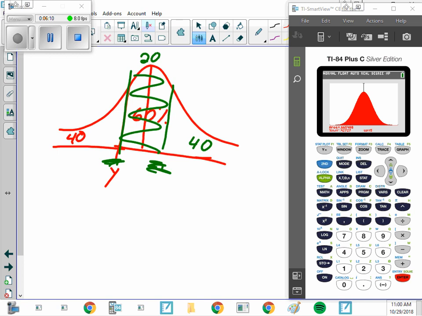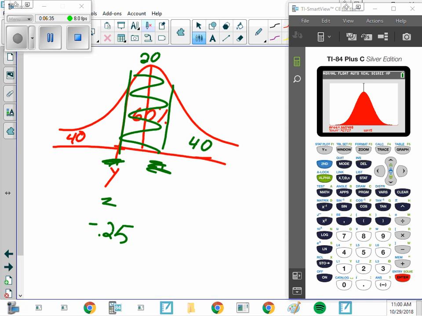What do I do with that number? Go to the z-score table, and I look at 0.2, which is right between 0.24 and 0.26. So my z is negative 0.25. Does anybody not understand that?